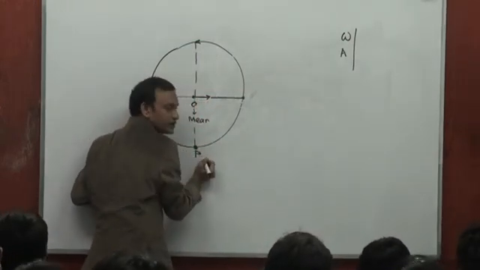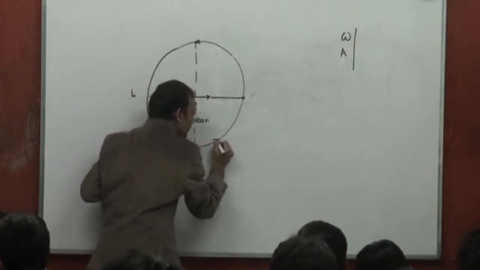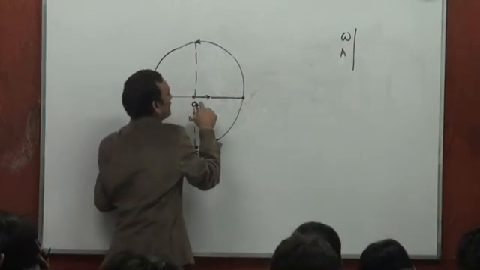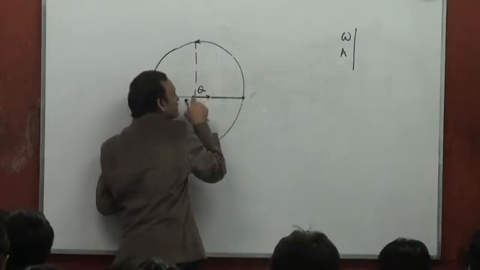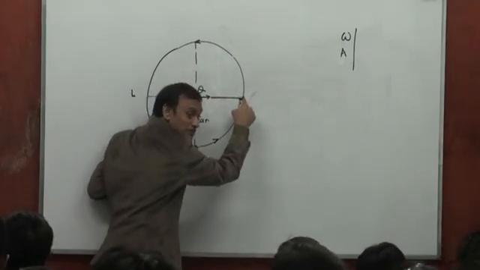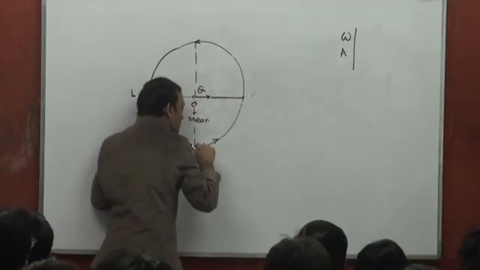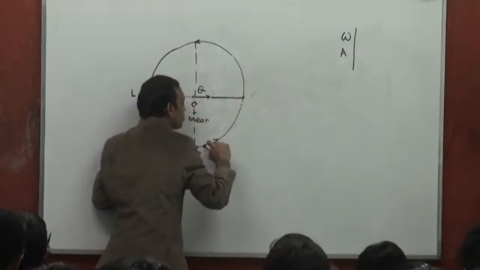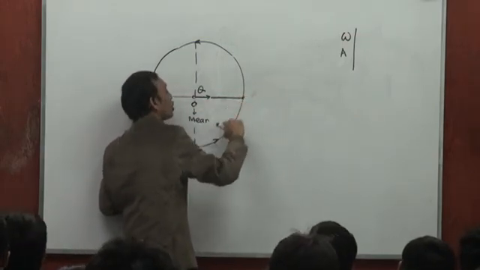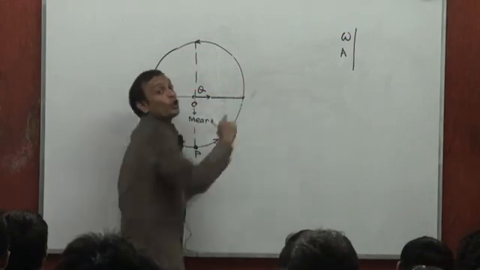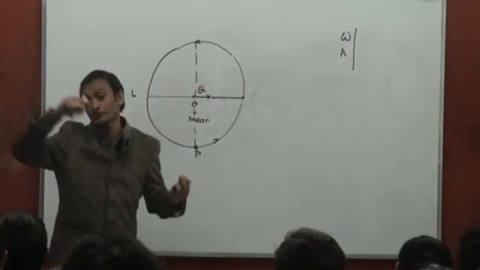The corresponding point on the auxiliary circle is P, and it's moving like this. So while the oscillator Q goes from the mean position to this extremity, the corresponding point on the auxiliary circle goes from P to this. That means the corresponding point on the auxiliary circle describes a quarter of a circle.